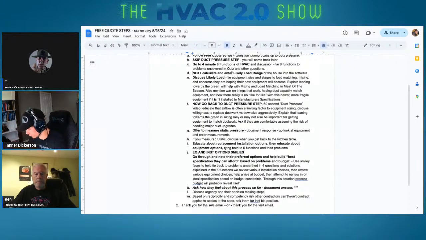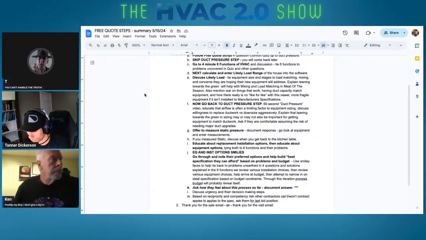So then you do the likely load range and tie that to the 6 functions, because a lot of the 6 functions clearly can't be met with, well, it's really hard to meet a bunch of them with single stage. And it may be hard to meet them even with 2-stage unless you're very aggressive sizing into the green, because two-stage is only going to really help you with that range if it's cycling between the stages.